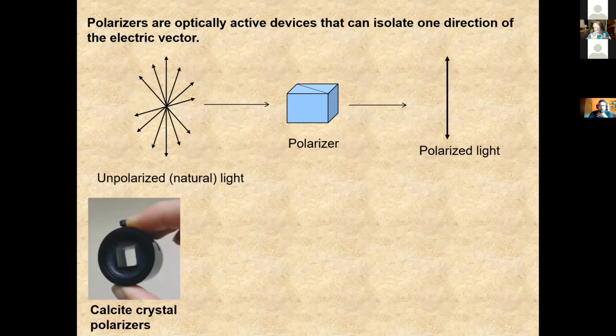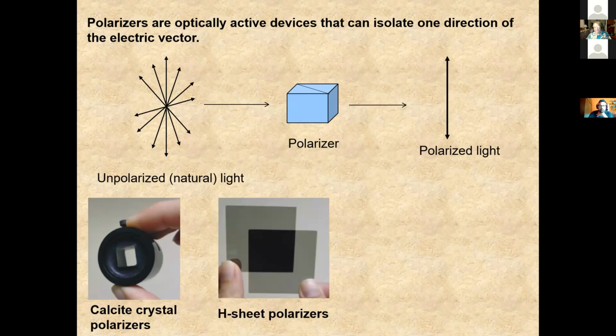Now, polarizers come in different types. In a good spectrofluorometer or fluorimeter in the lab, you usually use calcite crystal polarizers, which are very expensive, but they can go down in the deep UV, and they're among the best. It's also very popular to have less expensive sheet polarizers, which are very good, but they're not as good when you go to lower wavelengths.